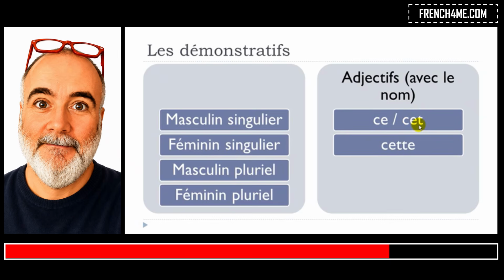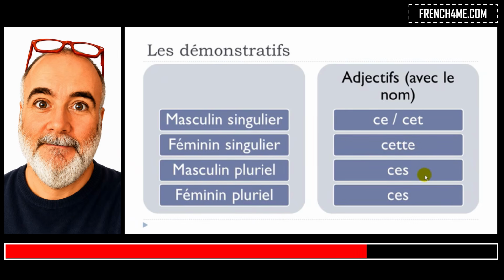Okay, and then feminine form is cette, like that. So it's quite interesting because if you listen carefully, the masculine form cet and the feminine form cette, you write them differently, but then you pronounce them the same way. All right, for the plural form, so masculine plural, it would be ces.